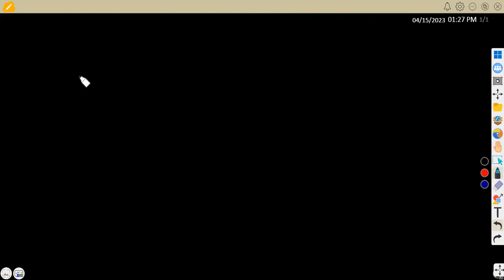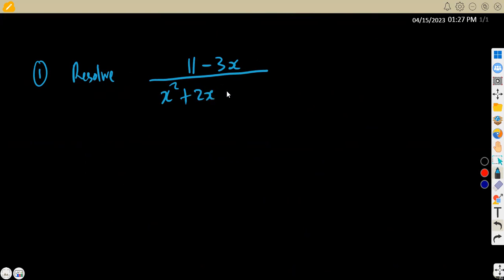So the question can be like this: resolve 11 minus 3x, everything over x squared plus 2x minus 3, into partial fractions.